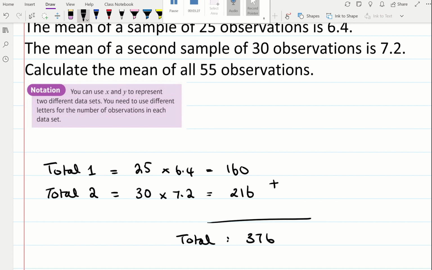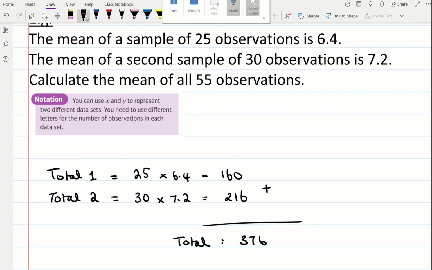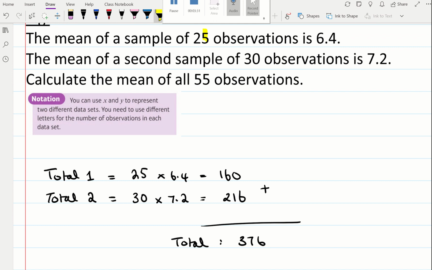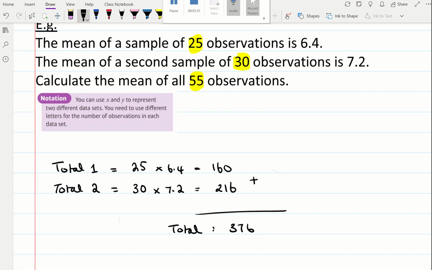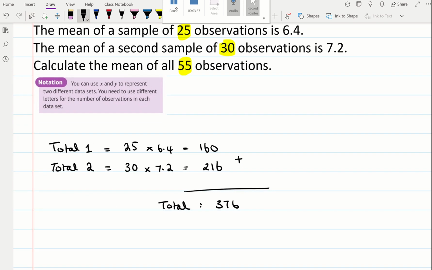Then it says calculate the mean of all 55 observations, and 25 plus 30 makes 55, so they've done that bit for you. So the new mean is going to be 376 divided by 55.